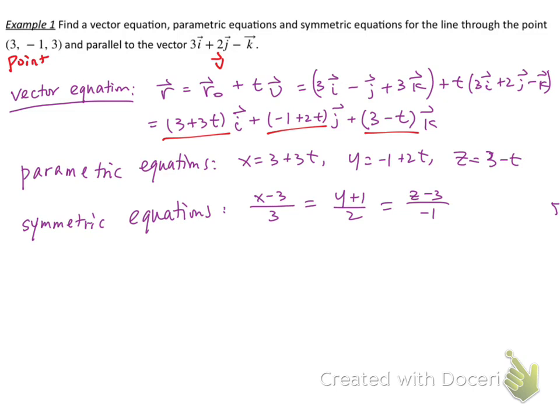Okay, so that is the symmetric equations. You can also just look at the formula: it is the variable minus the corresponding coordinate of the point, divided by that particular component in your v. Yeah, that is the three forms of our line.